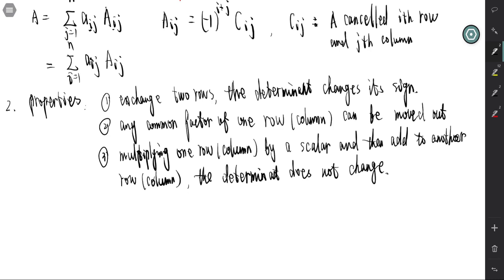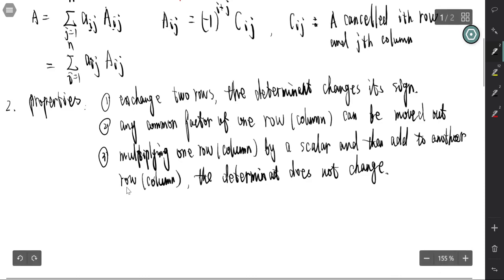That is, for the determinant, the row and the column have the same importance. Now let's use these properties and the definition of the determinant to evaluate the determinant.